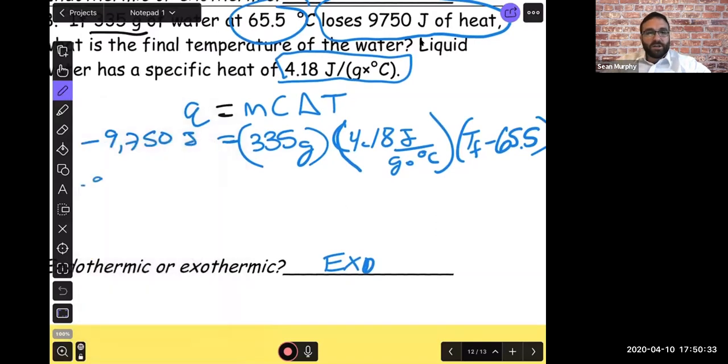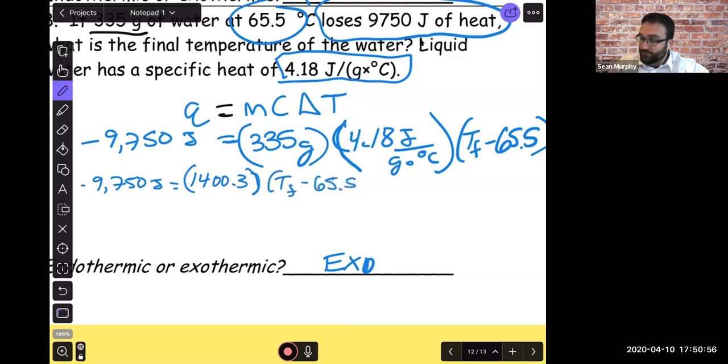Let's wait for it to catch up. And then let's consolidate the 335 times 4.18. It's going to be 1400.3. And now we have our temperature final minus 65.5.